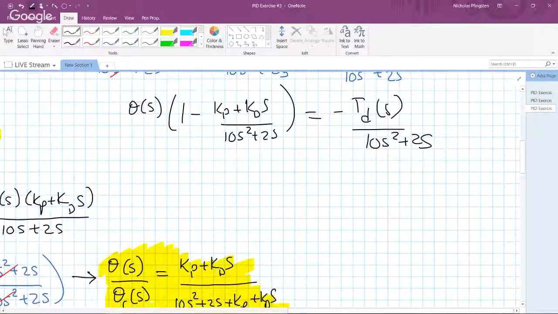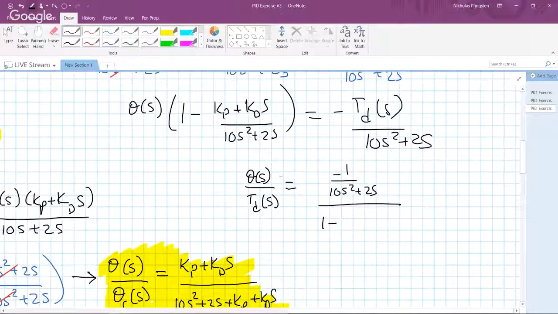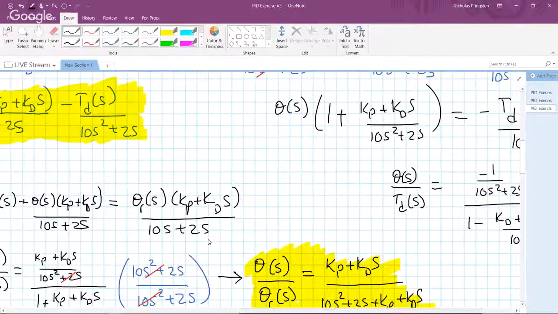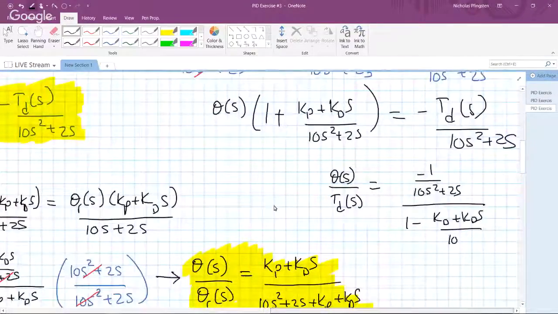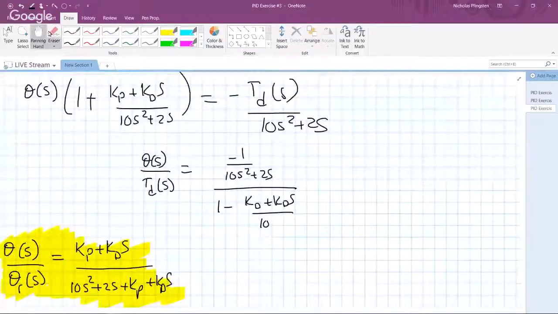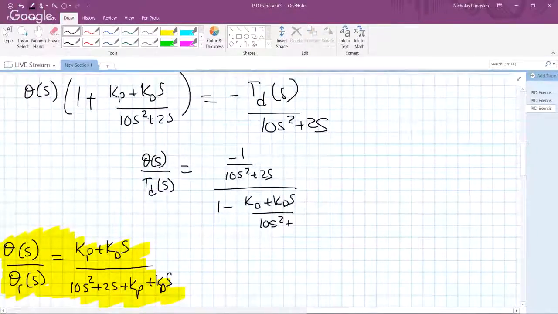That particular gain. So theta of S over T sub D of S equals negative 1 over 10S squared plus 2S plus Kp plus Kd of S. Okay, 10S squared plus 2S.